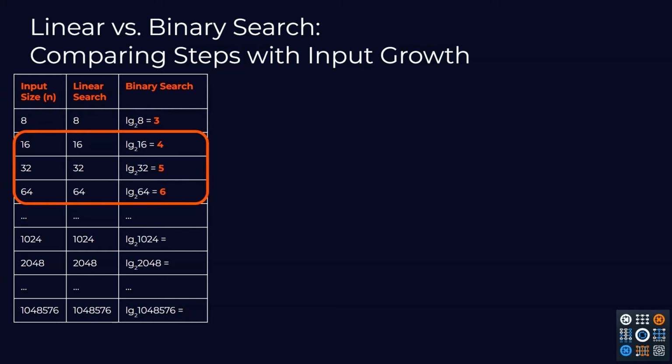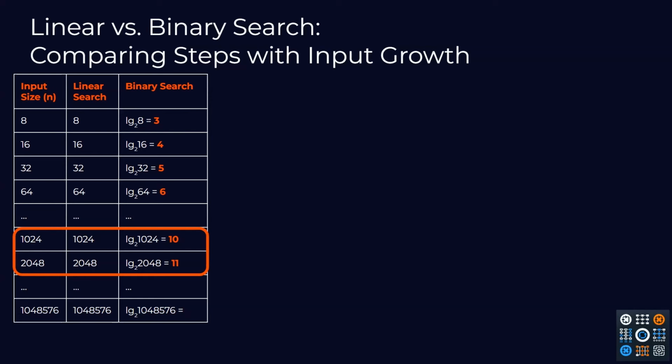As the input size grows to 16, 32 or 64, the step count for linear search remains in linear proportion to the growth in input size, whereas the same for binary search grows much slower, by a logarithmic factor only. This difference continues to grow. For example, searching through a list of 1024 elements requires 1024 steps with linear search.